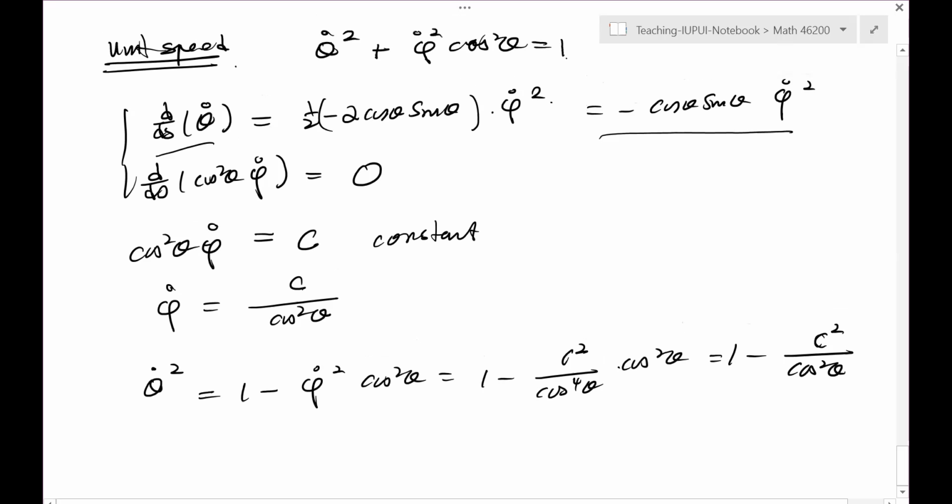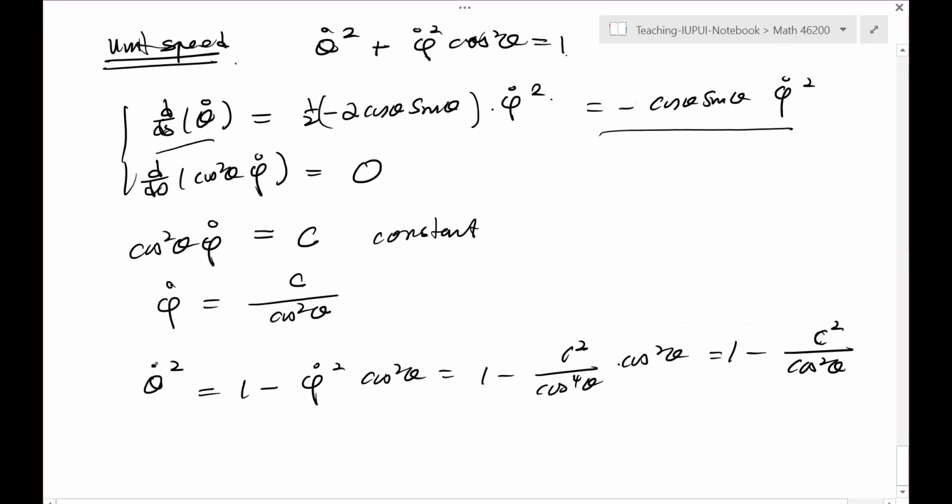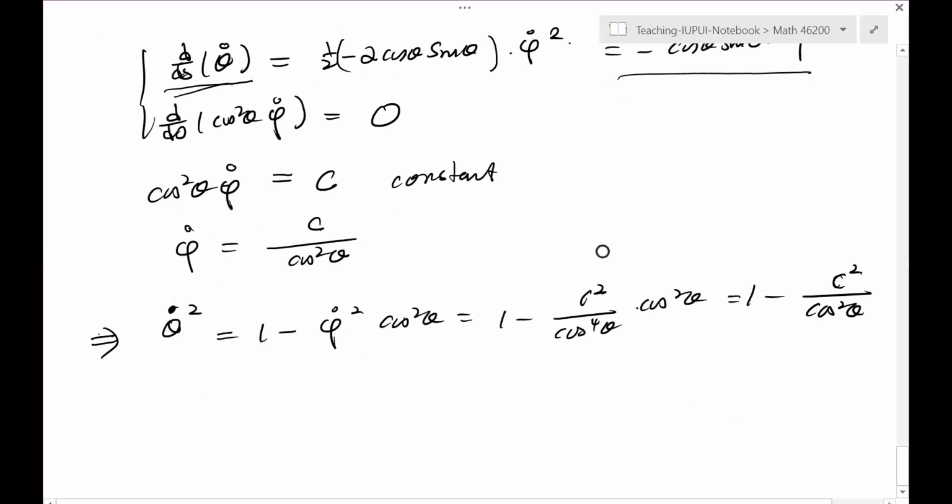Once you solve for theta, then you get the derivative of phi from the above equation, and then you solve for phi. But the formula is pretty complicated in general.